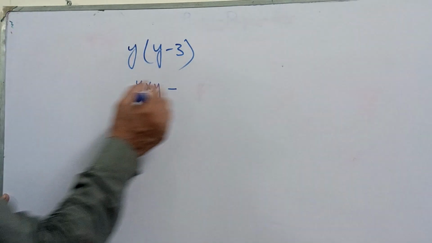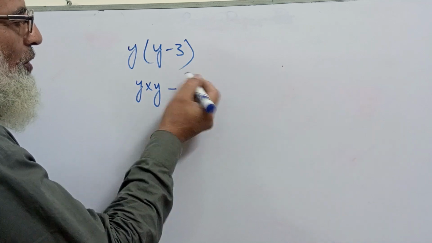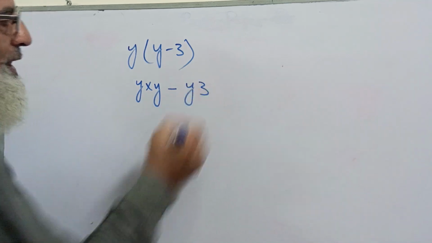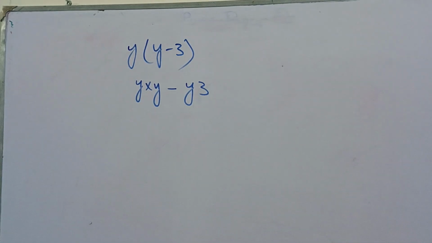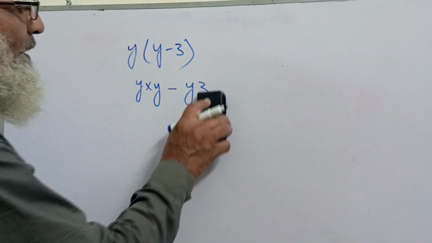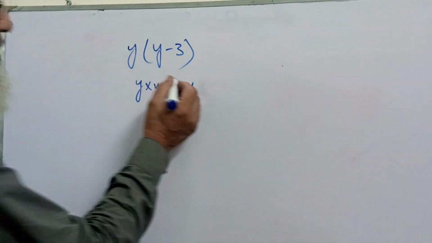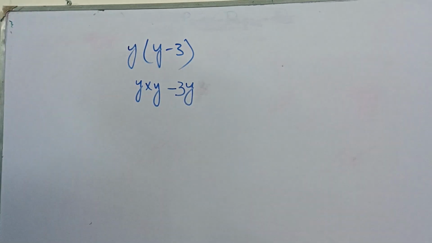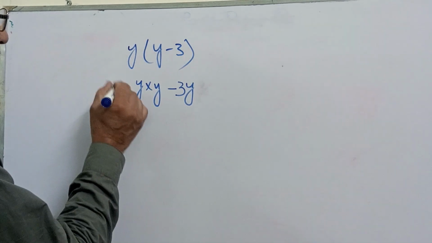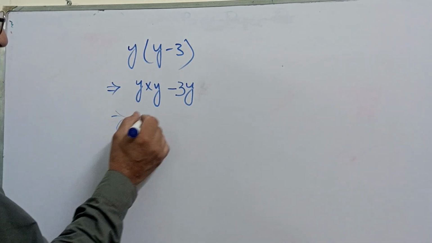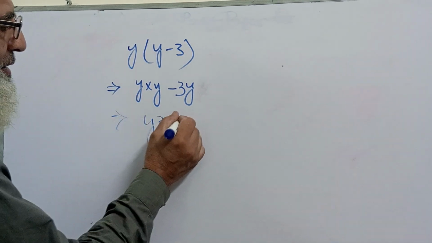You can do it this way or this way, but it is not advisable to write it like this, because the coefficient always comes before the variable. So we'll write it like this. The net result for this whole expression will be y square minus 3y.